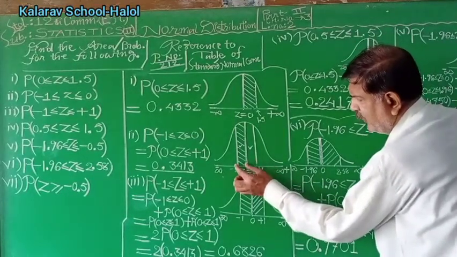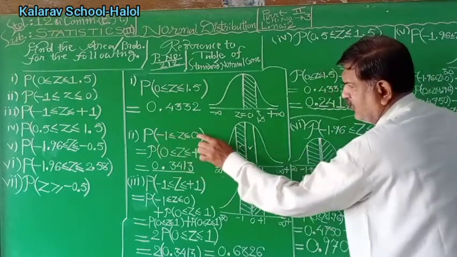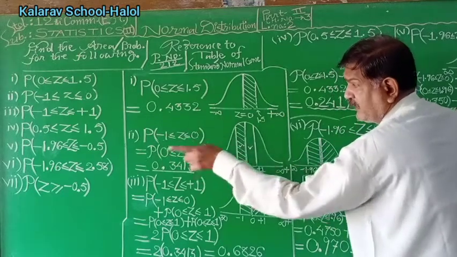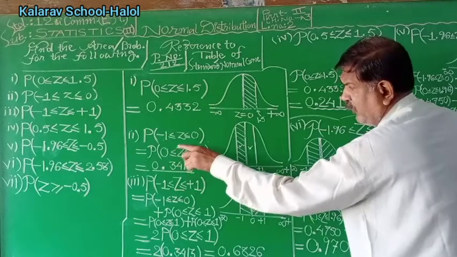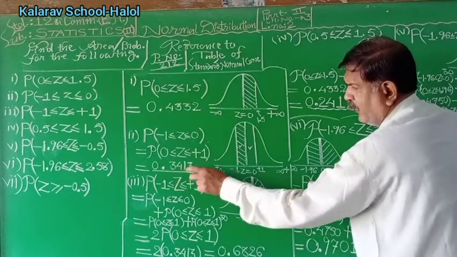This area is required, but it is the same as this one. Therefore, minus 1 ≤ z ≤ 0 is the same as 0 ≤ z ≤ 1, and the area for 1 is given as 0.3413.